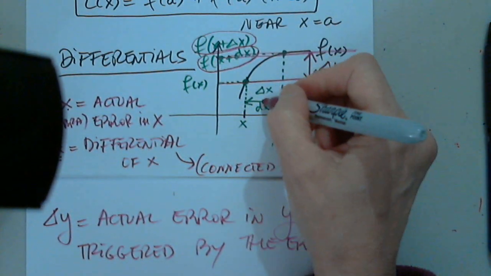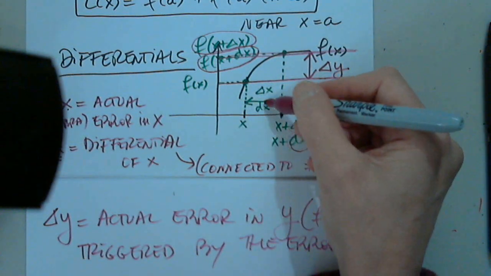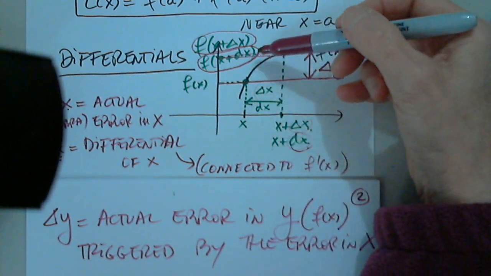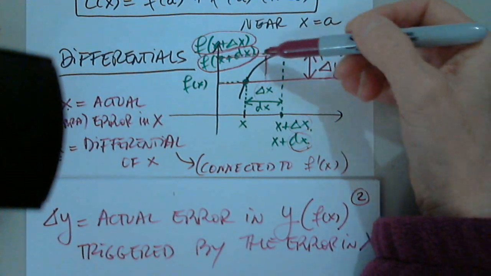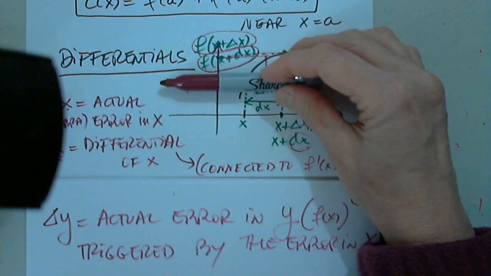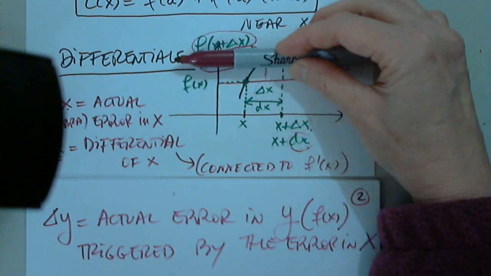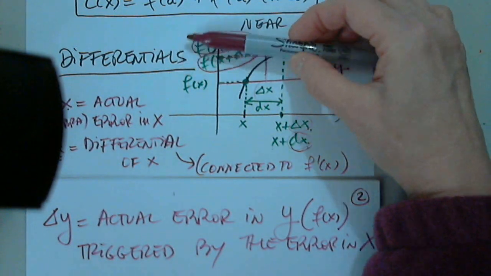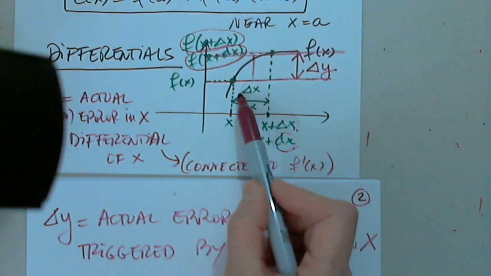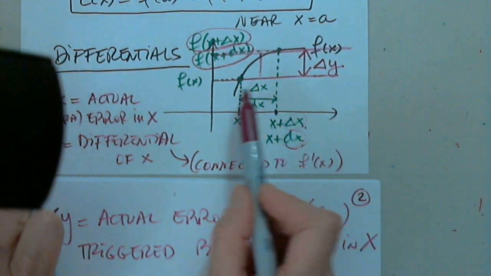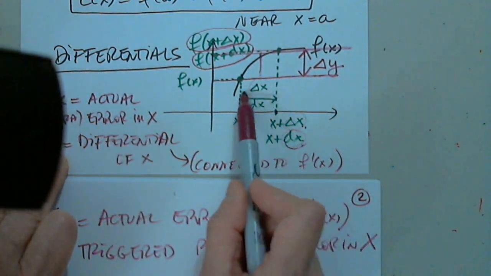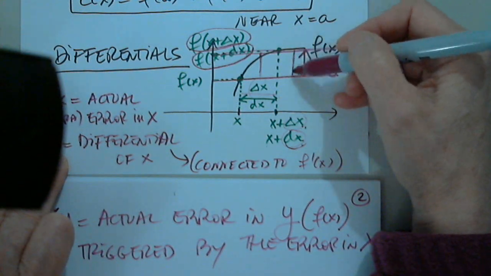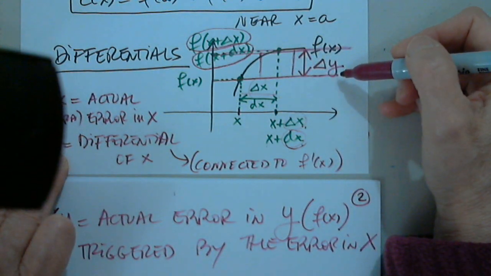So if I have an error in x of dx or delta x, we create an error in the y value. Instead of being here at f of x, it's up here at f of x plus dx or f of x plus delta x. So this change in x created this change in y values.